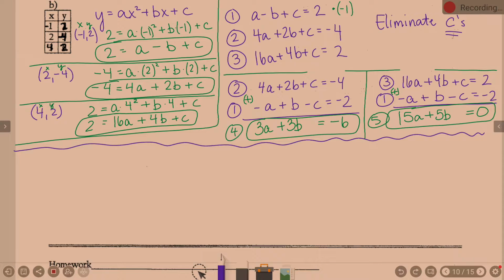That'll give me, and I don't have to double back. So 4 is 3a plus 3b equals negative 6. 5 is 15a plus 5b equals 0.